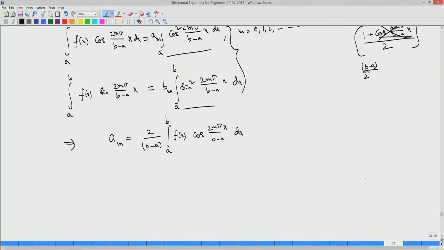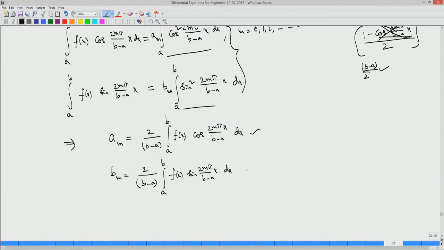This is one. And similarly you get b_m; again the same thing, instead of plus you have a minus, that is 2 sin², and again this will not contribute when you evaluate. So you get b_m equals 2/(b−a) times the integral from a to b of f(x) sin(2mπ/(b−a) x) dx.